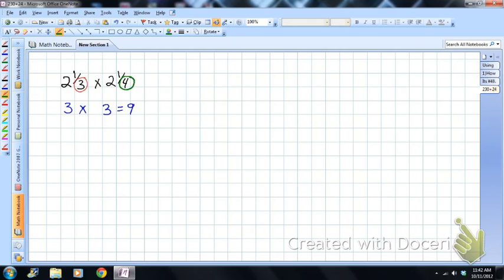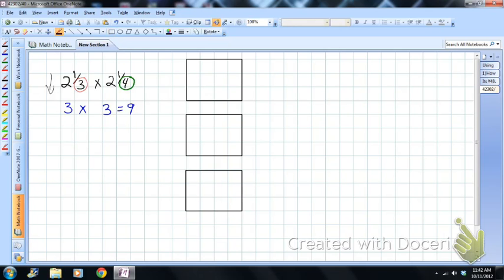So let's look at this first fraction. Let's go down our page for our first 3 rectangles. So I need 9 rectangles. They need to be 3 units tall and 4 units wide. 3 units tall, 4 units wide. 3 units tall, 4 units wide. That's 3 of them.